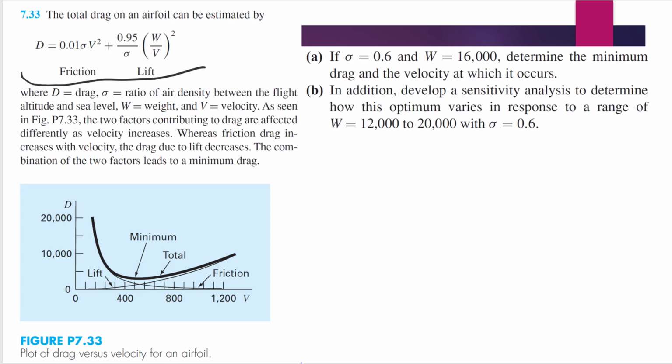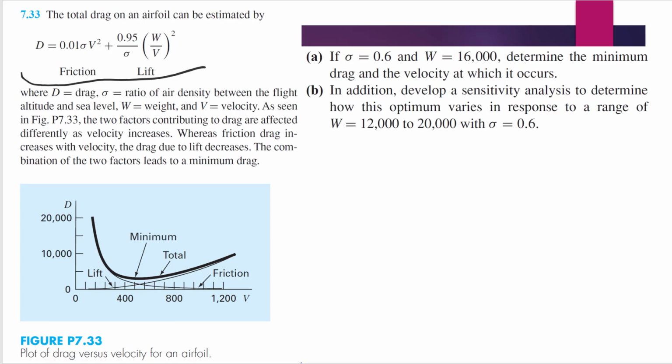Whereas friction drag increases with velocity, the drag due to lift decreases. The combination of the two factors leads to a minimum drag. So question 1, if sigma is 0.6 and W is 16,000, determine the minimum drag and velocity at which it occurs.